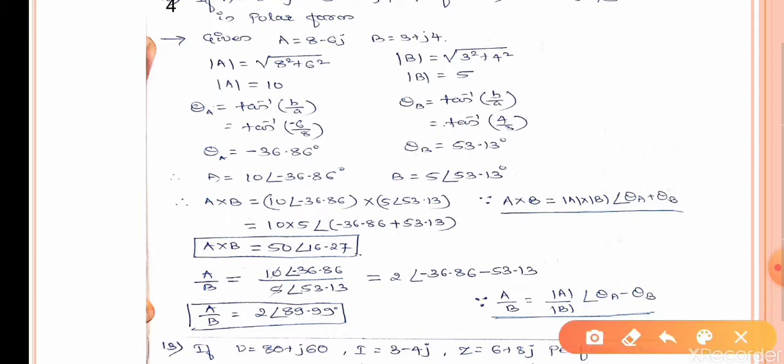Next, a divided by b. So 10 at an angle minus 36.86 divided by 5 at an angle 53.13. So just remember, while dividing, you should only divide the magnitudes of a and b, whereas the angles get subtracted, that is theta a minus theta b.